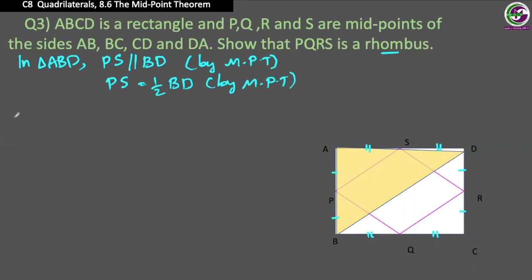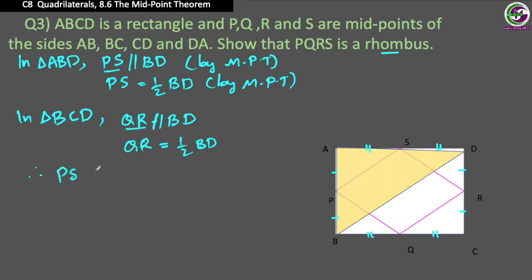Also, in triangle BCD, QR is parallel to BD, and QR is equal to half of BD. So therefore, PS and QR are parallel from equation 1 and 2.